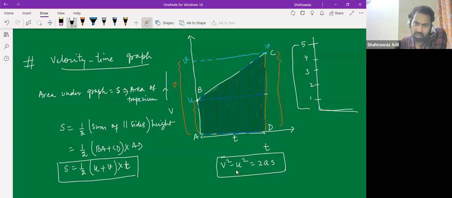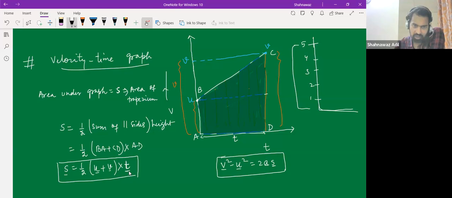Yes, sir. So in this equation, we have V, we have 2, we have A, and we have S. Now let us compare this with this equation. So we have S, we have U, we have V, we have T in that equation. We don't have T in this equation, right? Is that correct, guys?